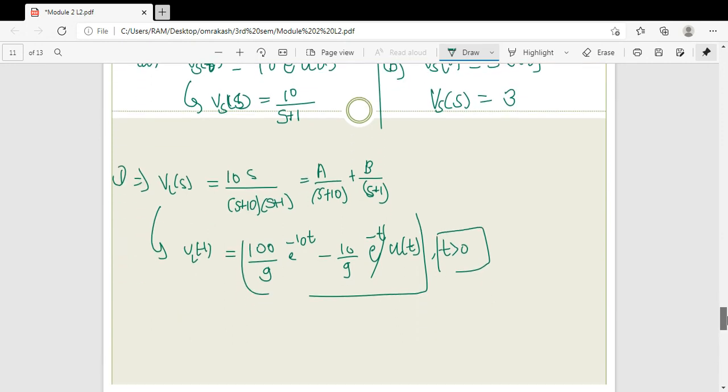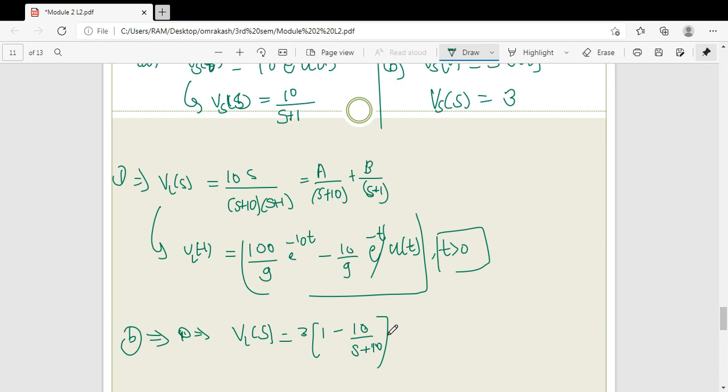When you apply the same for the second condition, I directly write the answer. When you put that value in your equation 1, VL of s becomes 3 times (1 minus 10 by (s plus 10)).